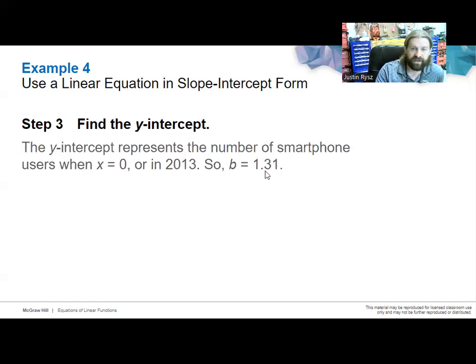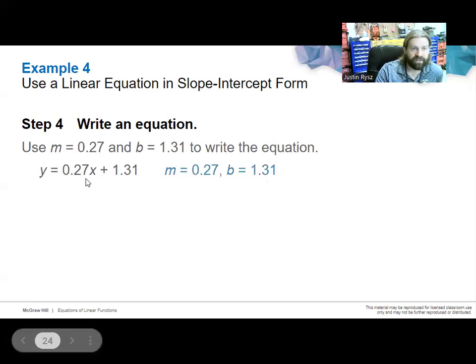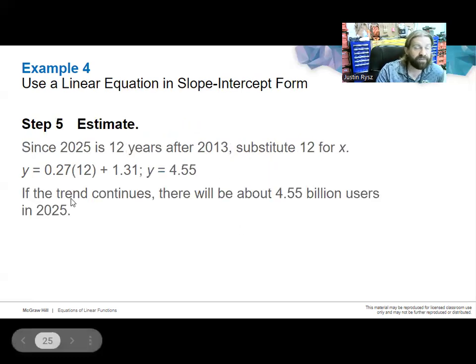So we know that the starting value, our y-intercept, is 1.31. We can plug that into the equation and we get, okay, y equals 0.27x plus 1.31. Now to estimate how many are going to be in 2025, that's 12 years after 2013, we can plug 12 in for x and we should have about 4.55 billion users.